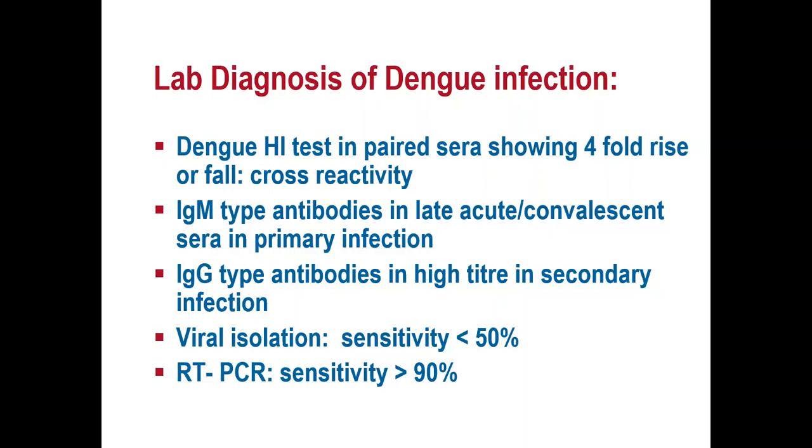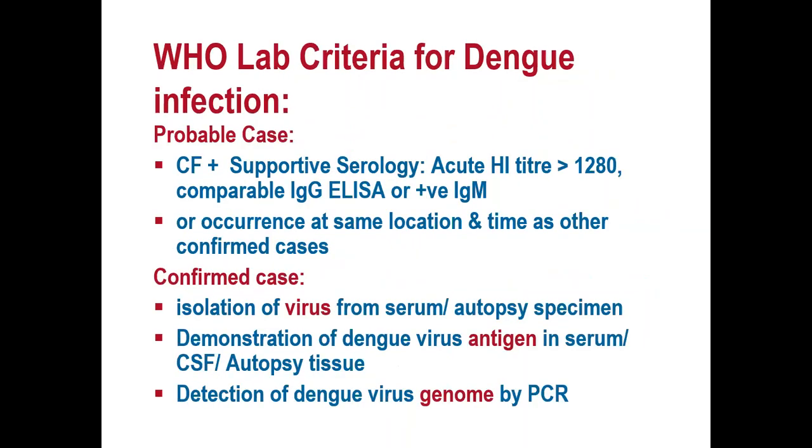IgM appears after 3 to 5 days of the fever or infection, and IgG appears after 9 to 10 days. Viral isolation sensitivity is less than 50%, and PCR is the gold standard and the most specific, with more than 90% sensitivity.